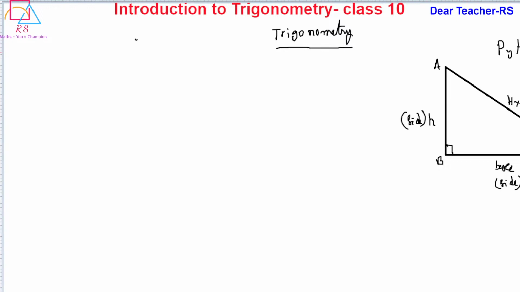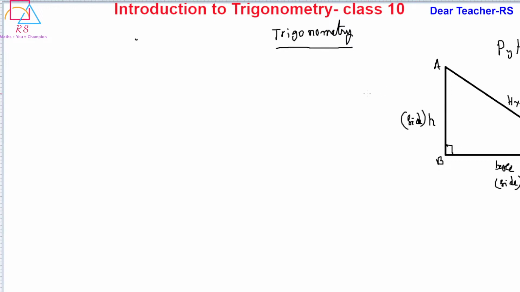So Pythagoras theorem gives us hypotenuse square is equal to side square plus side square. And some people will say hypotenuse square is equal to base square plus height square. Anything, you just remember it clearly.